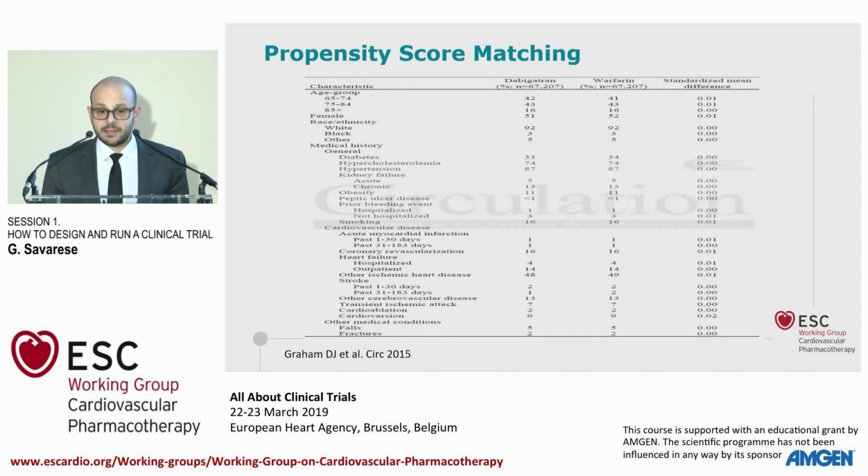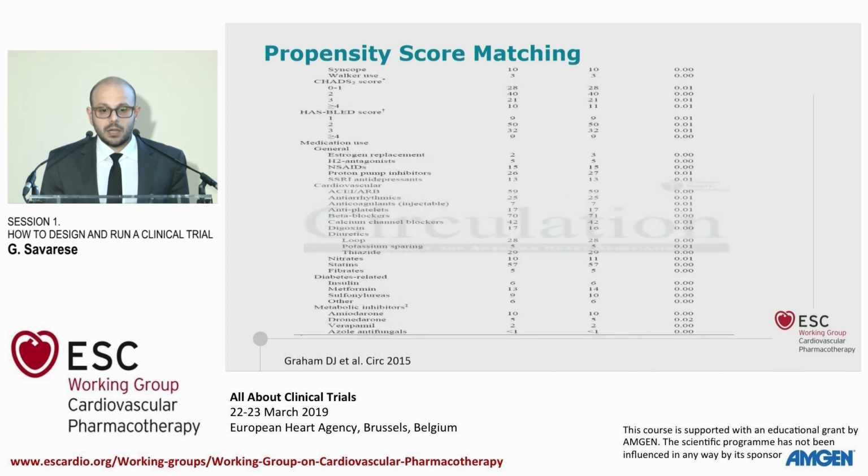The standardized mean difference means that, as small as it is, it means that there is no difference between the two groups. So it's good to have like 0. For example, there are no differences at all for a specific variable in the two groups. So a lot of baseline characteristics were tested, and still there were no differences between the study groups.